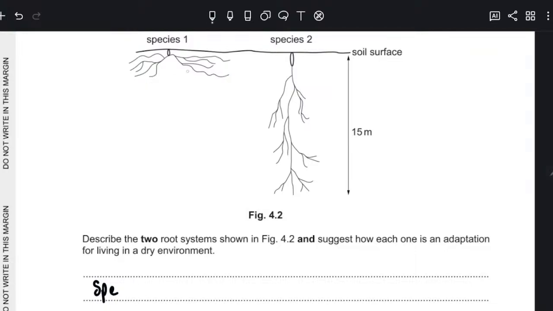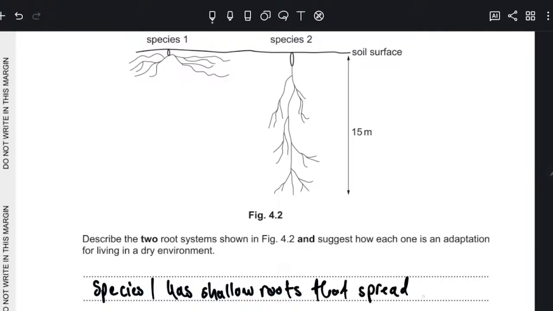So we say they are shallow and they spread outwards.